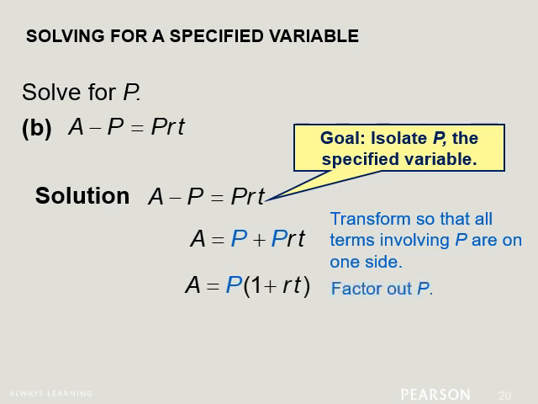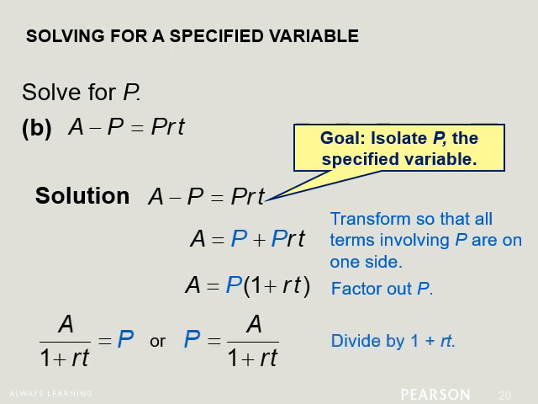Okay, we're going to factor out the P. So amount is equal to P, the principal we're hunting for, is equal to the amount divided by 1 plus RT. And we can write it like this. Now, why would you use that? Let's say you knew how much you started with, and you knew how much you ended up with, and you want to figure out what your rate is.